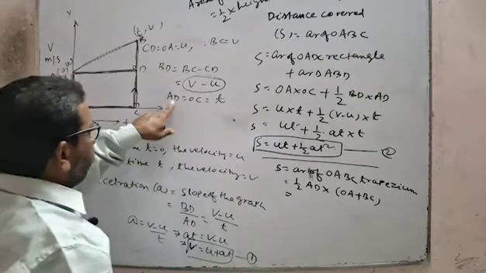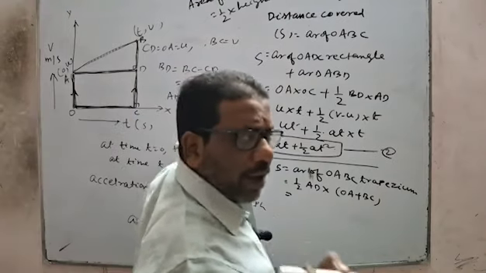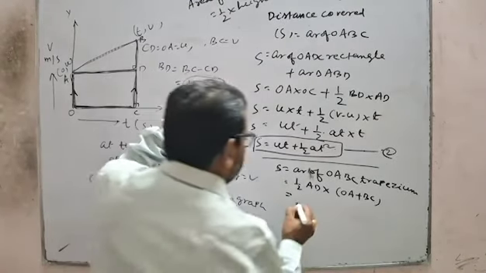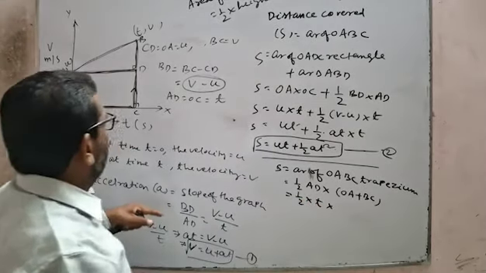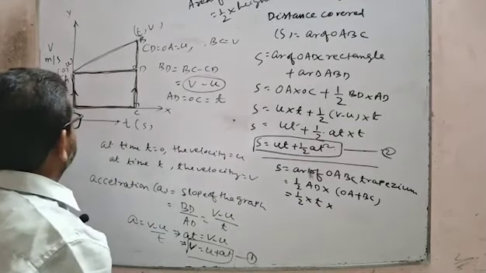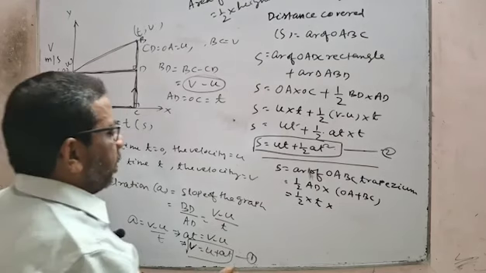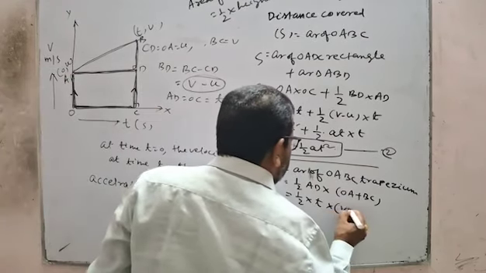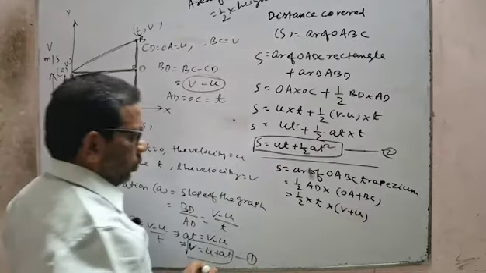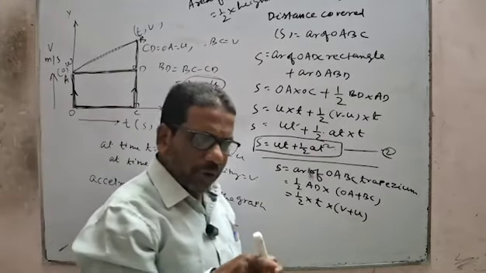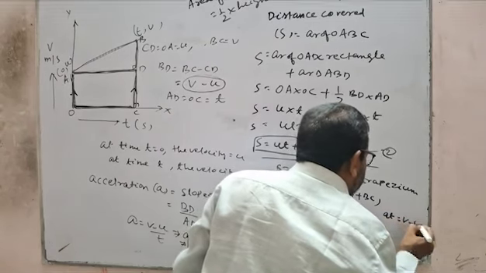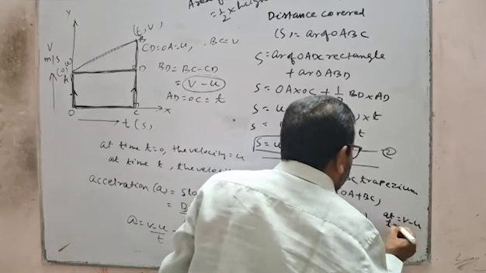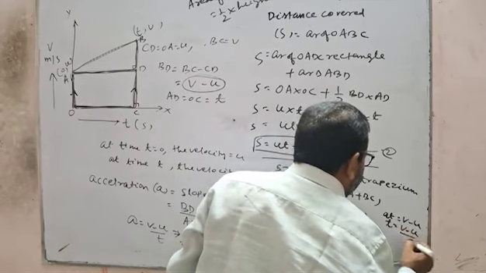Here AD equal to t, OA is u and BC is v, so the sum is v plus u. From the first equation of motion, at equal to v minus u, or t equal to v minus u by a.